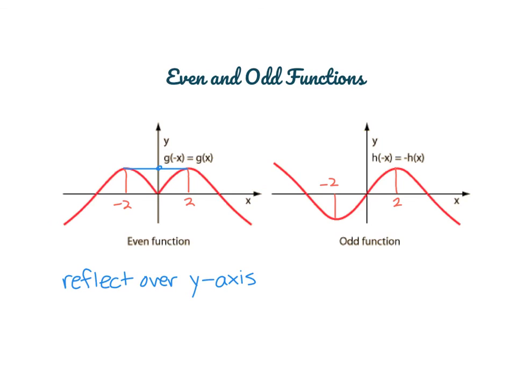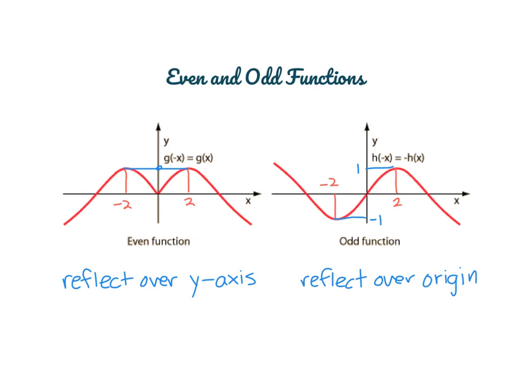So this says that when the x values are opposite, the y values are also opposite. So let's say this hits here at +1, that would mean this would be -1. So again, when the x values are opposite, the y values are also opposite, but still the same absolute value. So we call this an odd function, and we can also say that odd functions reflect over the origin.